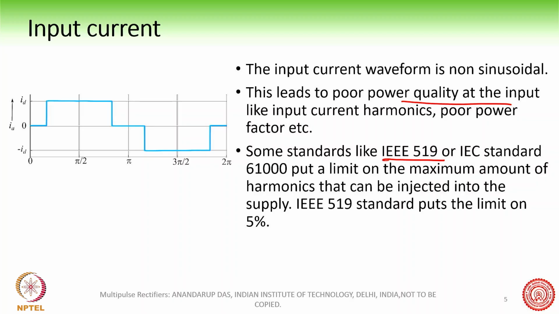So this standard says that the total harmonic distortion, THD, should be less than 5%. This is one of the standards which we said.